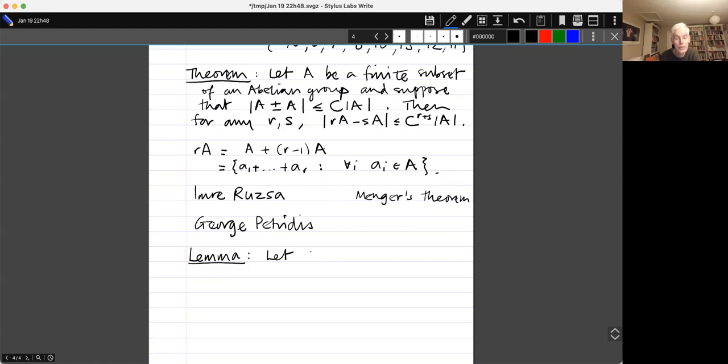Let A and B be finite subsets of an abelian group.